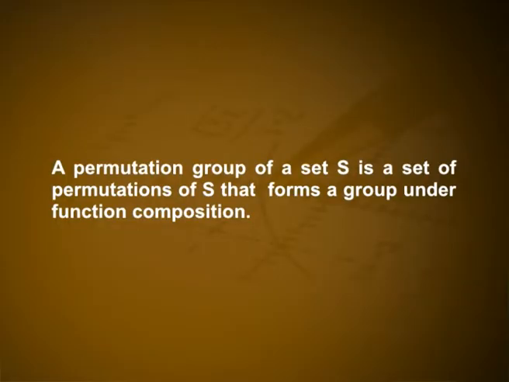Definition. A permutation group of a set S is a set of permutations of S that forms a group under function composition. Example. Let S3 denote the set of all permutations on 1, 2, 3. It is not difficult to establish that S3 has 6 elements P1, P2, etc. P6 defined as follows.